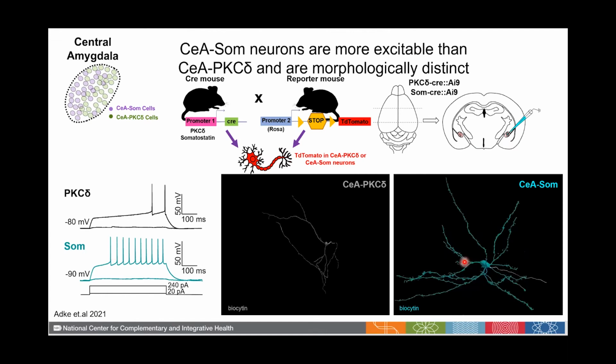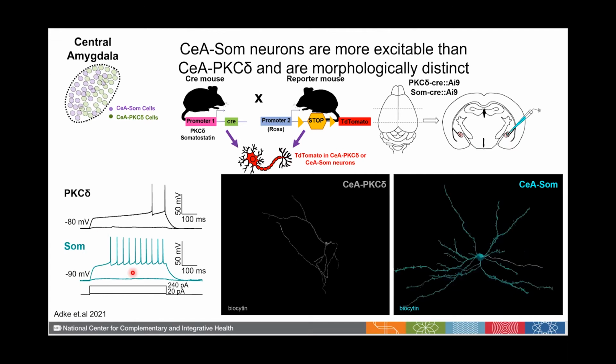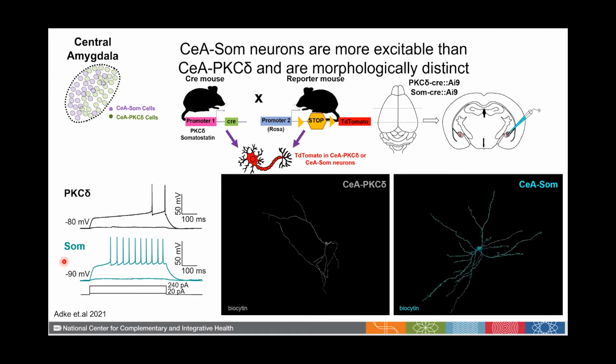In any parameter that we could look at, all the somatostatin neurons are hyperexcitable compared to the PKC delta neurons.